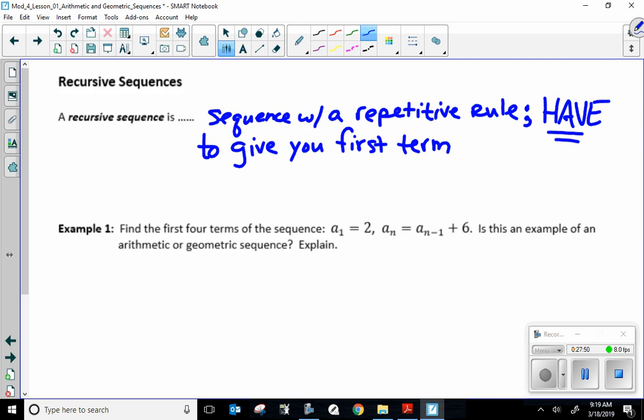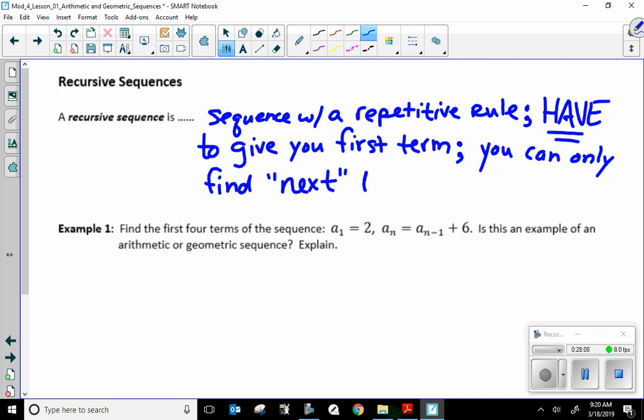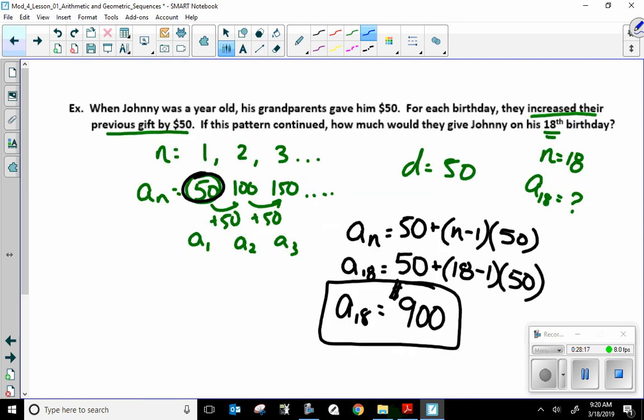The basis behind this is you can only find your next term. Whatever term they give you, you can only find your next term. With what we've been doing, once I come up with an explicit equation, I can find any term. They wanted A18.